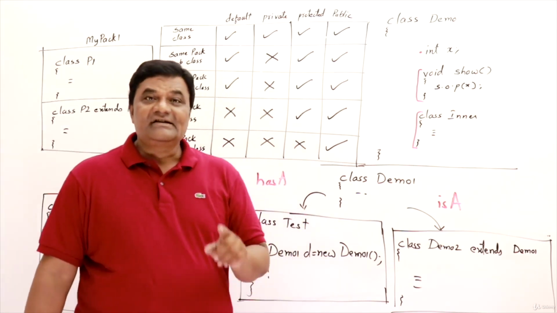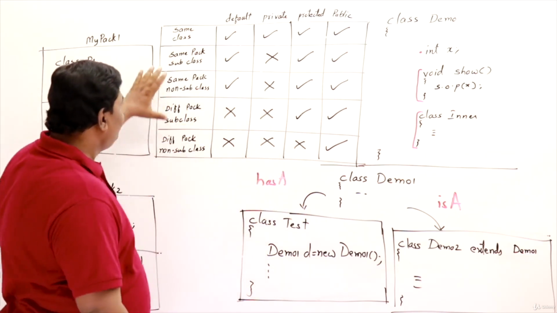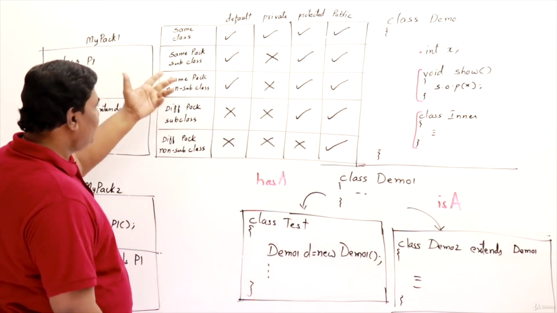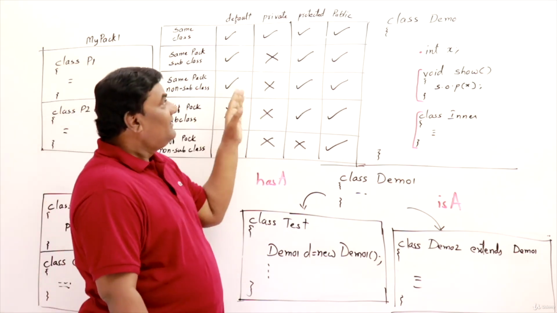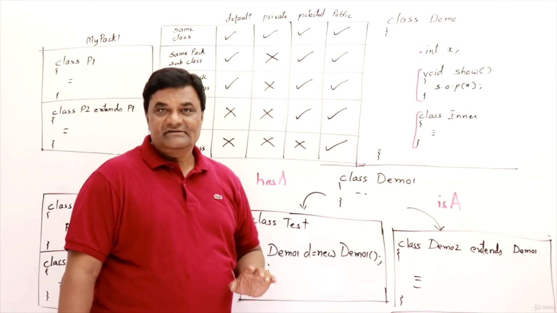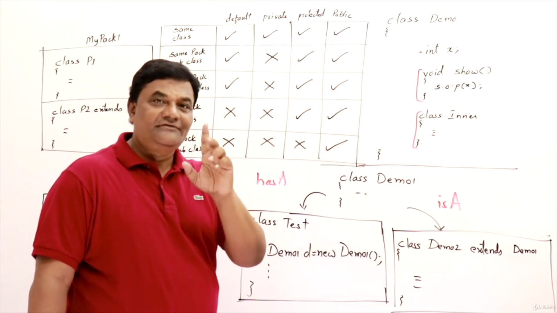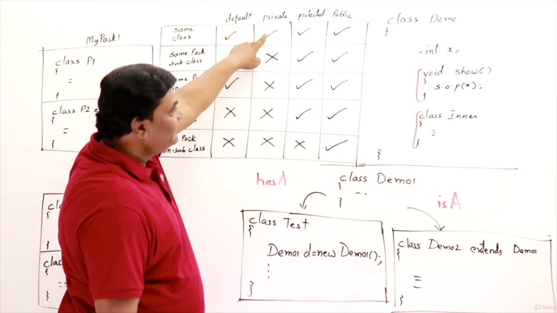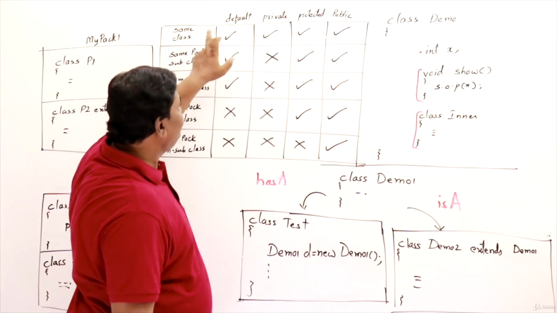Now the important thing is how to remember them. For remembering them, you should not remember them based on these rows like different package, same class or same package, but you have to remember access modifier wise. So let us learn how to remember them. The first thing, private. Private members are accessible only within the same class.